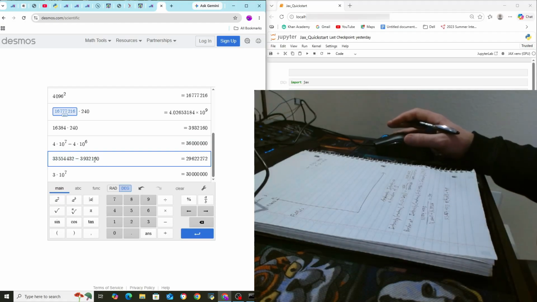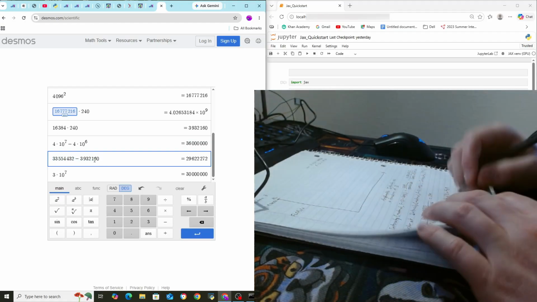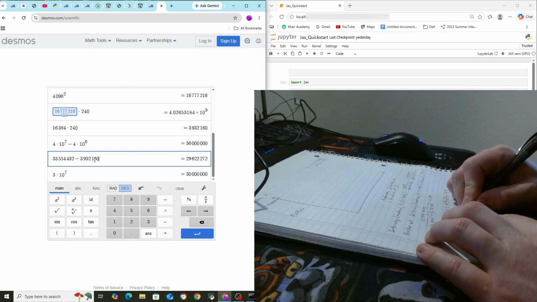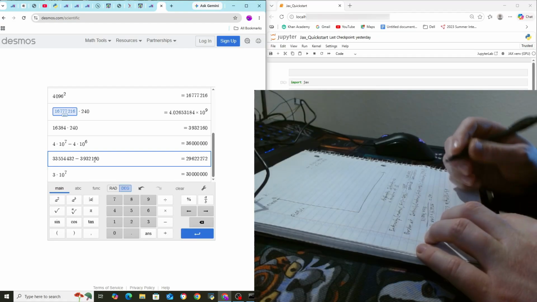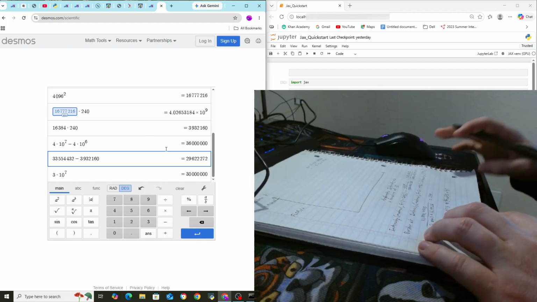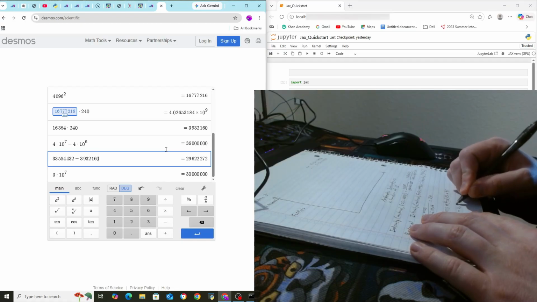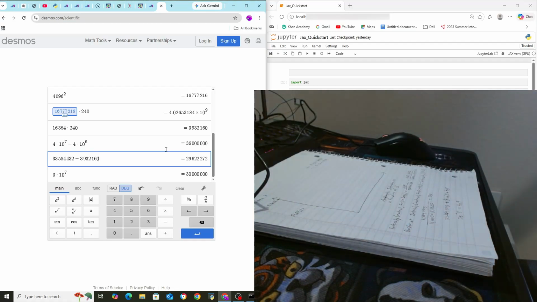So 3e7 B equals 4e9. Man, these sig figs are probably going to kill me. We'll see when we get to the answer. I can already feel it getting messy.